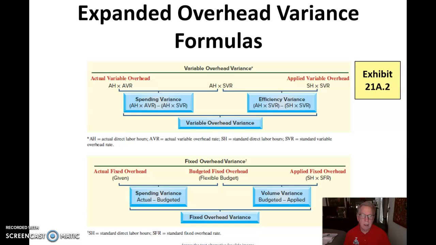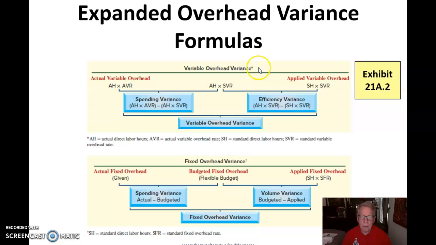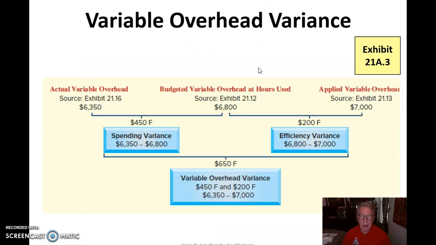Okay. If you followed that the first time, you're better than I was when I went through it the first time. This is very complicated, and you need to really study this. Our variable overhead variance, now here we're breaking that down, and we're going to grab 6,350 and 7,000, and we'll break that into its pieces.